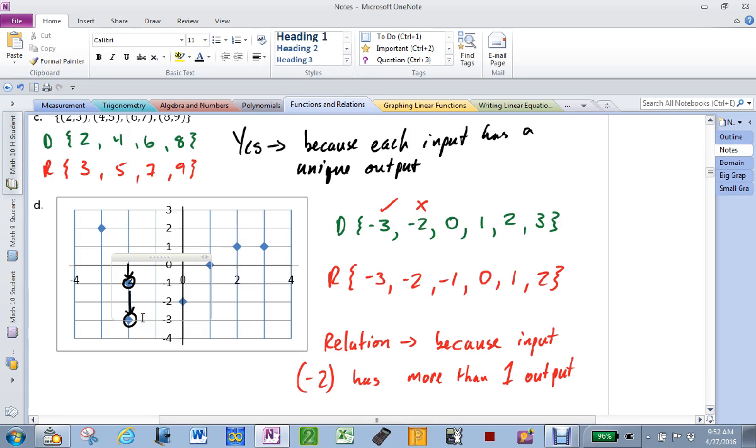Because a function, like something in manufacture, you put in raw materials and you get out a product. That's what's happening with a function. But in this case, you don't know what's coming out, right? That's why that one didn't work. Now somebody always says, well, what about this spot?